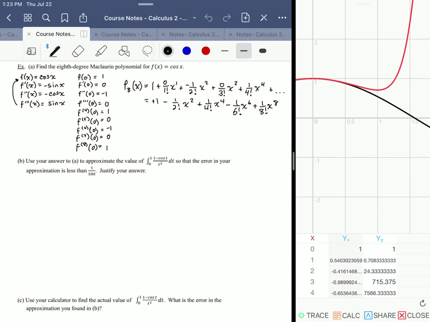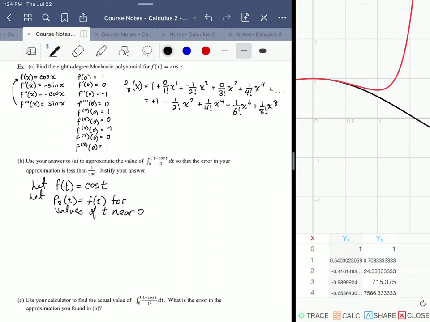All right, so we'll start off with, first, let f of t be equal to cosine of t. Let p sub 8 of t be equal to f of t for values of t near 0.